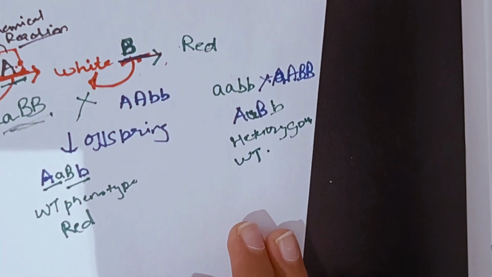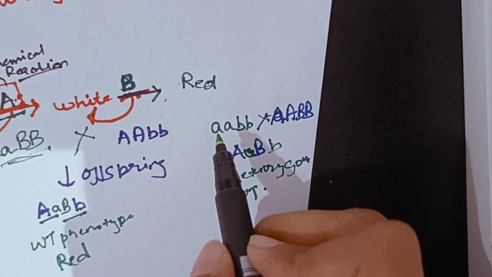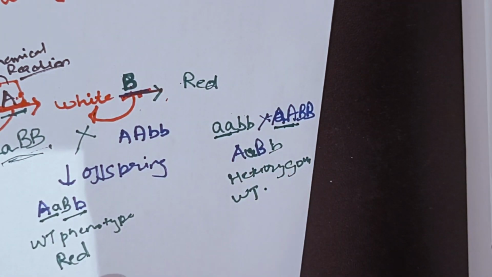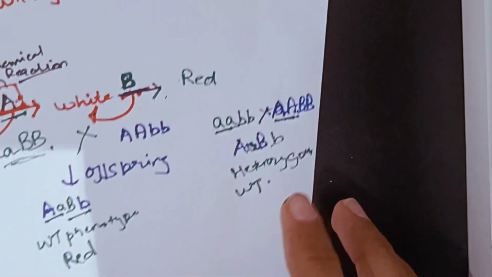And the third case is where the mutation is in the same gene. Suppose the mutation is in A. So what do you get from here?